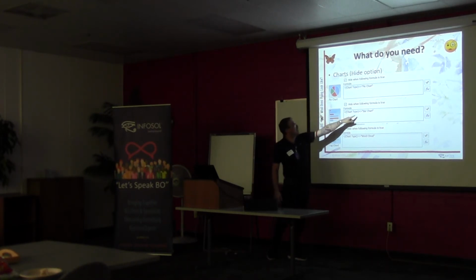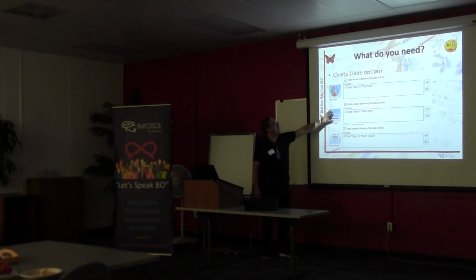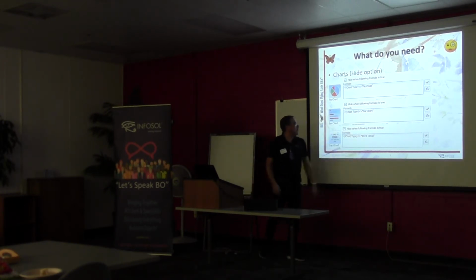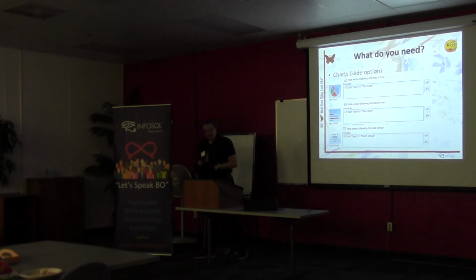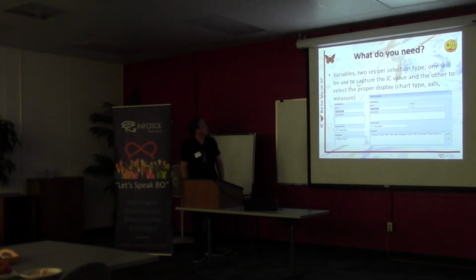If the chart type is different than the bar chart, I will be hiding the bar chart. If the chart type is different than the word cloud, I will be hiding the word cloud. Those are the three formulas that I'm using in the general tab of all those charts to hide them if they are not selected from the input control.